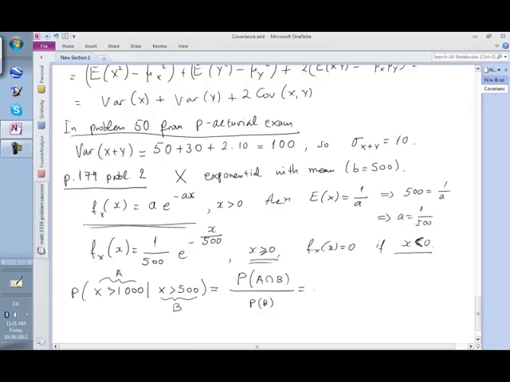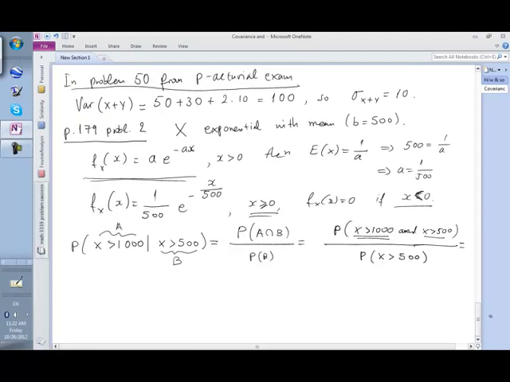And of course, the probability of X being greater than 1,000 and X being greater than 500 boils down to X being greater than 1,000, because X being greater than 1,000 supersedes this inequality. This will be divided by the probability of the condition, which is X being greater than 500.